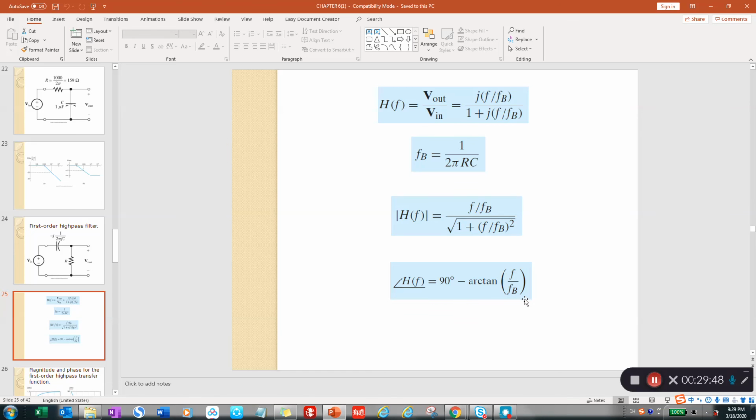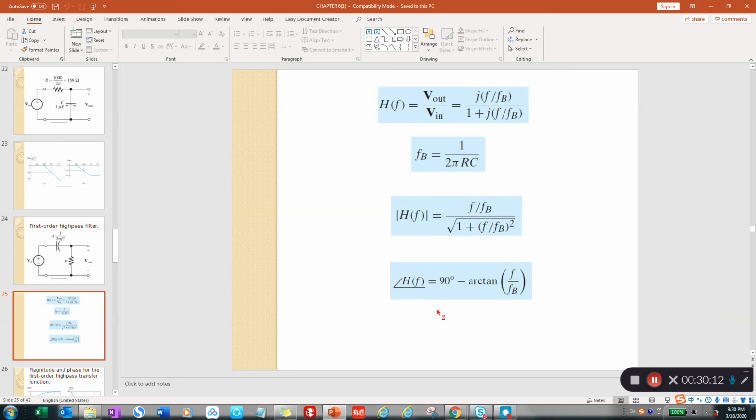So here you can see that it is quite similar to what we learned before for the low-pass filter. For the low-pass filter and the high-pass filter, their amplitude difference is that the low-pass filter has 1 at the top, and the high-pass filter has f over fb.